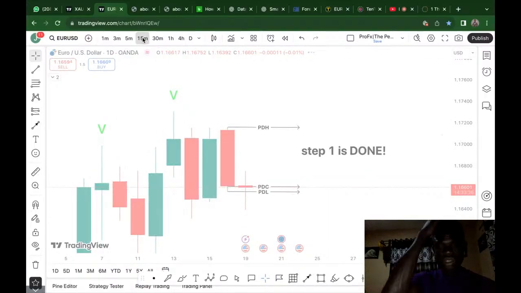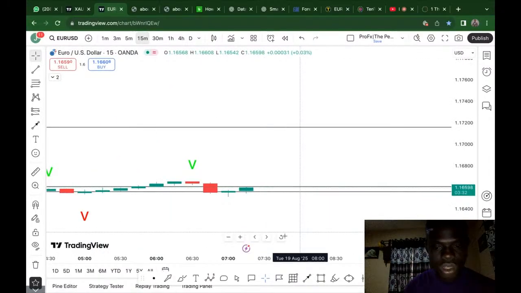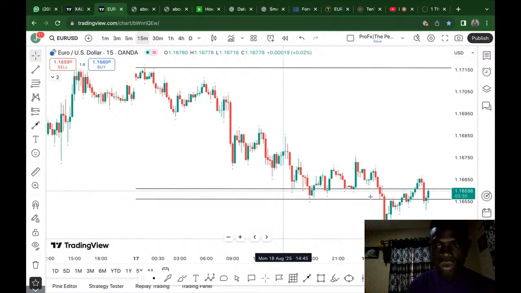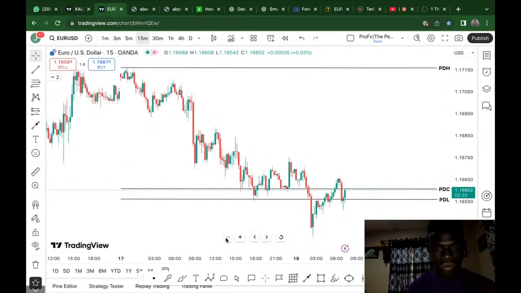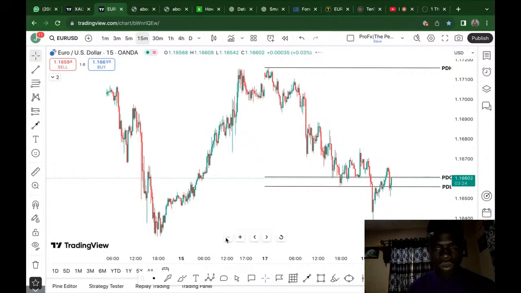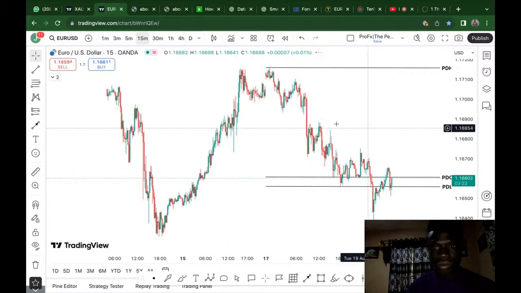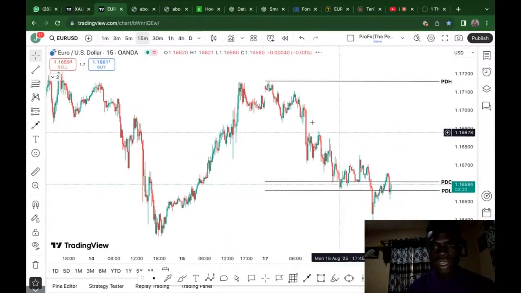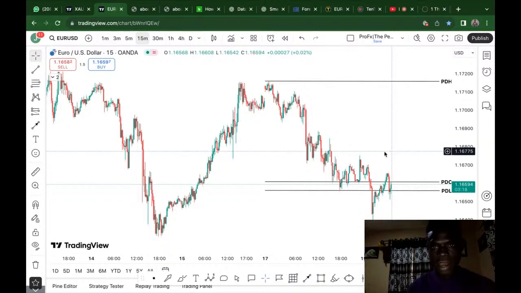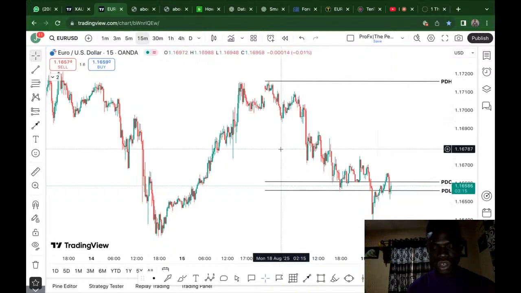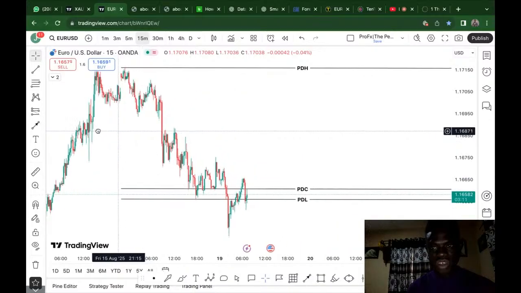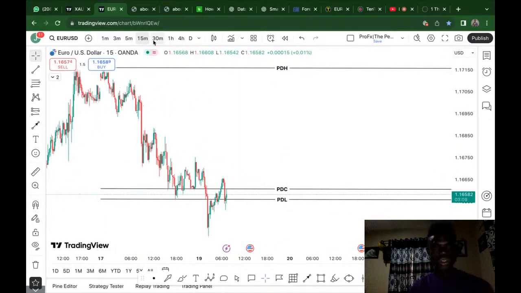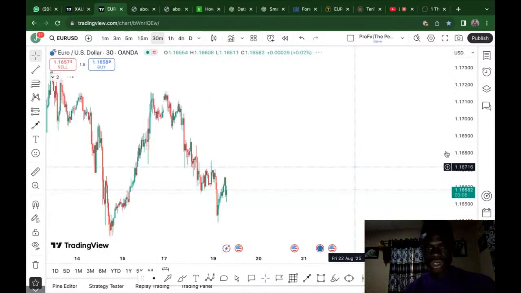So on 15 minutes, let's look at the structure, the liquidity, the key levels, and all of that. Okay, so on my indicator, I will turn on my Asian session range. I want to know how the market is ranging. I want to know the session range and all of that.